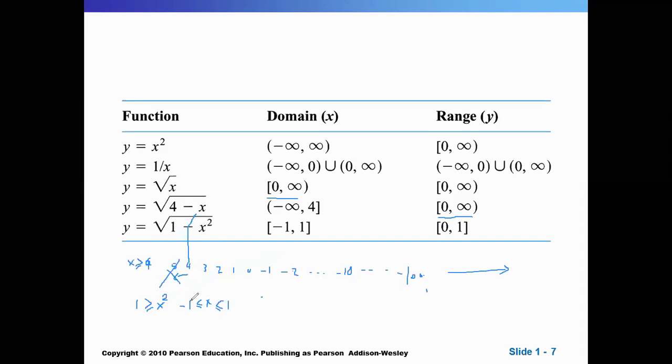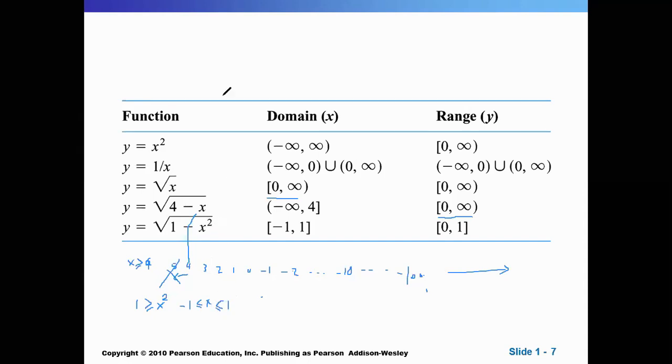So if we plug in the smallest value we get what؟ صفر صح؟ We'll get 0. If we plug in the largest value we get what؟ Also 0.